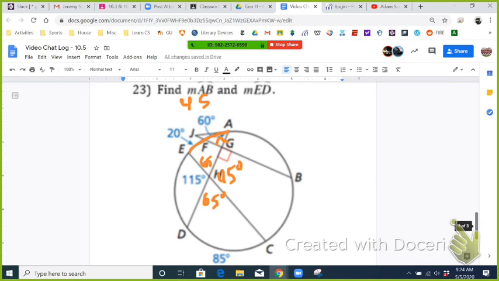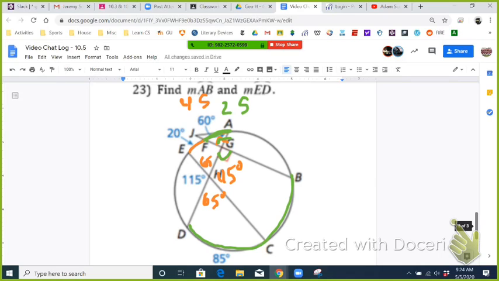Now, it looks like EF is 20 degrees, so that would make FA equal to 25 degrees, which would make this arc, you would have to average it with 25 and get 90 because these two form a right angle.